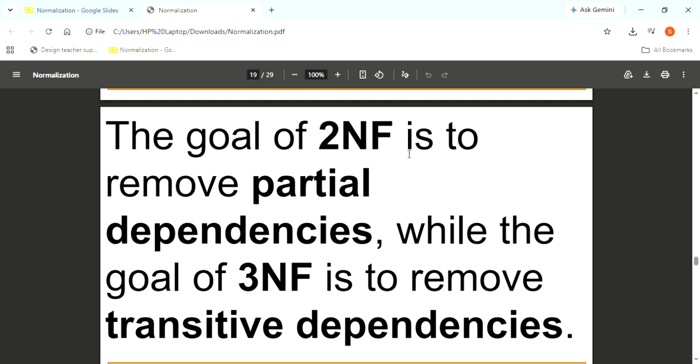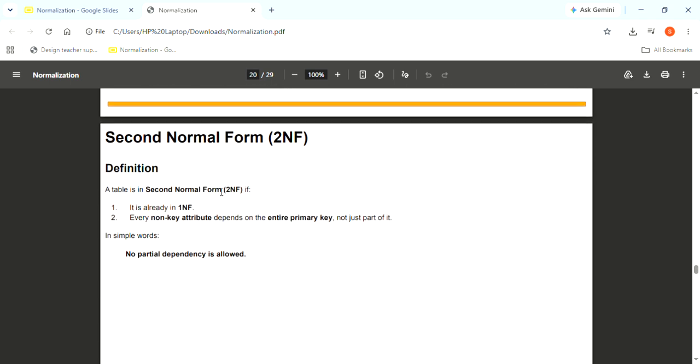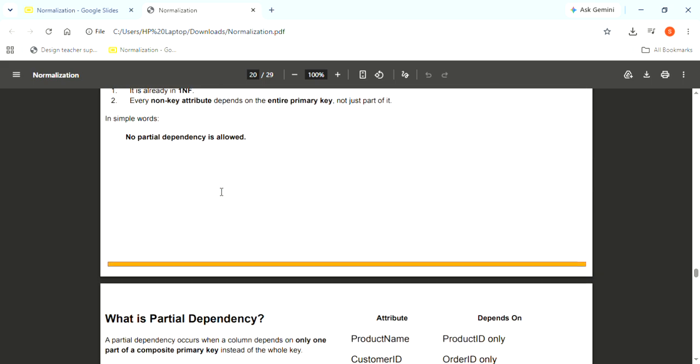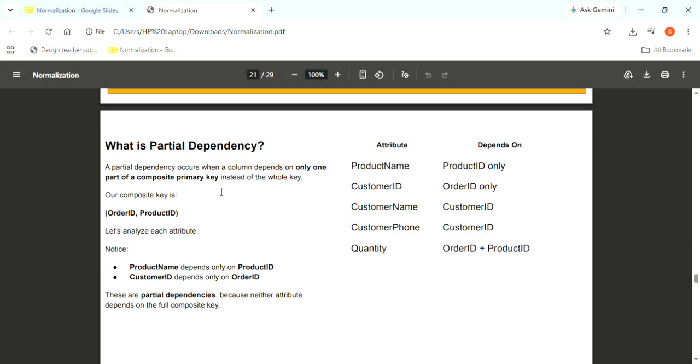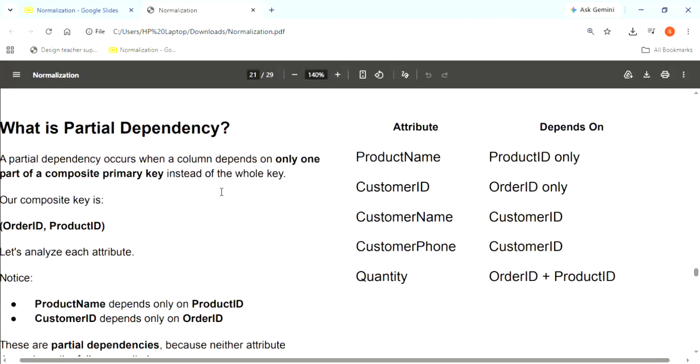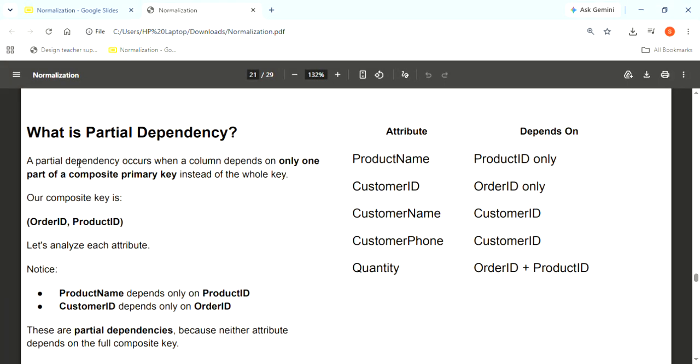Now if I want to divide 1NF into 2NF and 3NF, the goal of 2NF is to remove the partial dependencies, while the goal of 3NF is to remove transitive dependencies. Let us understand what a partial dependency is.